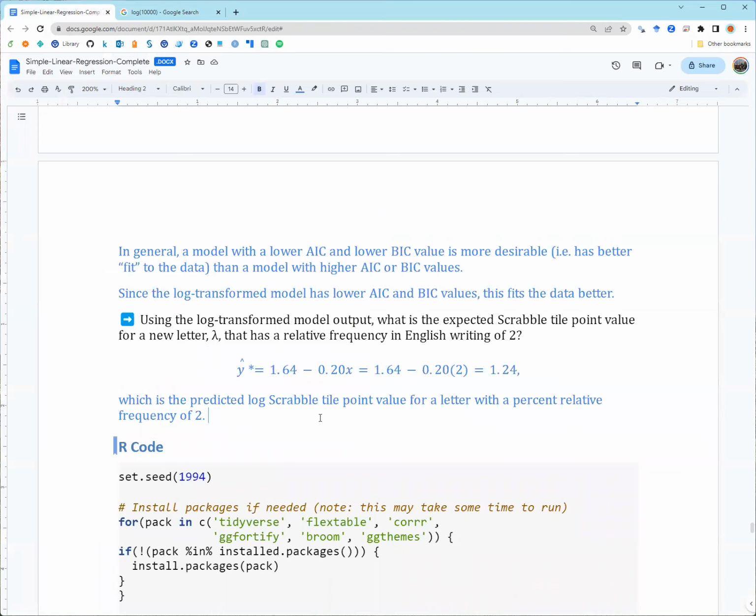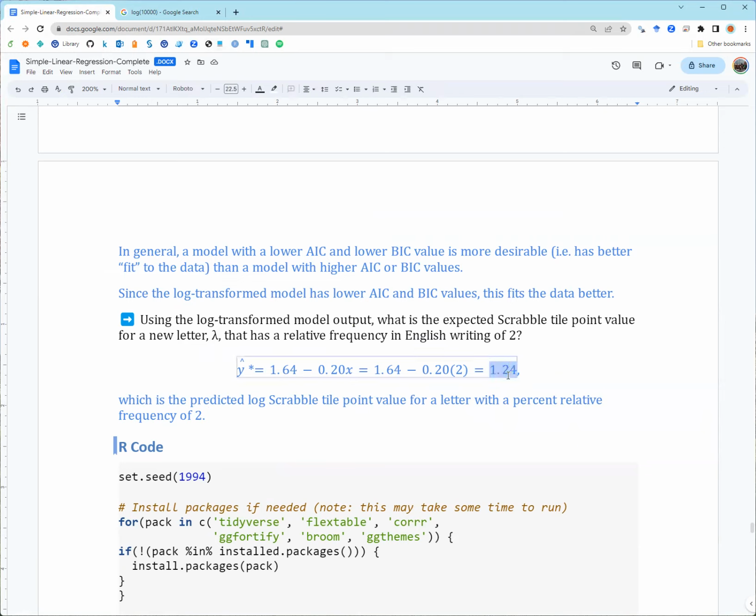So this is not on the scale that we want, but fortunately, you can undo the logarithm of a value using the exponential function. We can exponentiate it.